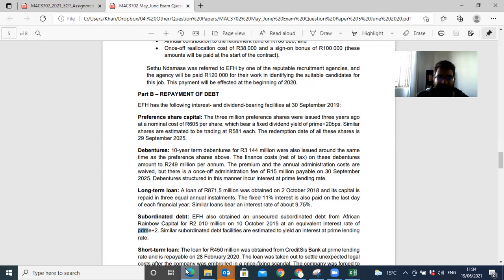That implies we must assume it is a non-redeemable debt. I don't see any repayment anywhere in the scenario. So because they're not giving you a redemption date, you can only assume there's no redemption date. As a result, we must use the formula for non-redeemable, which is the perpetuity formula.